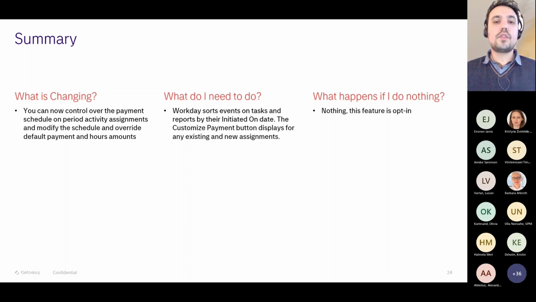What you need to do is sort events on task, and then you have the customize payment button displayed, where you can update any existing payment schedule and provide a new assignment. This feature is totally opt-in, so you don't need to do anything. It's not a mandatory feature.